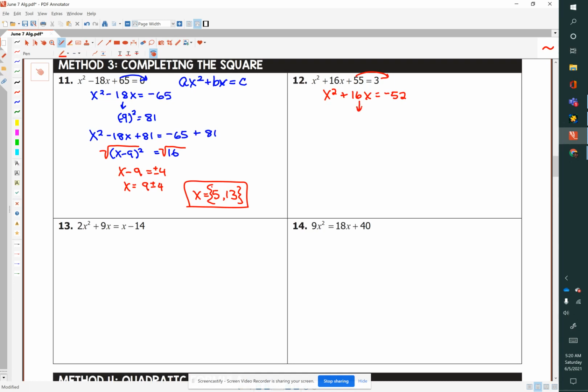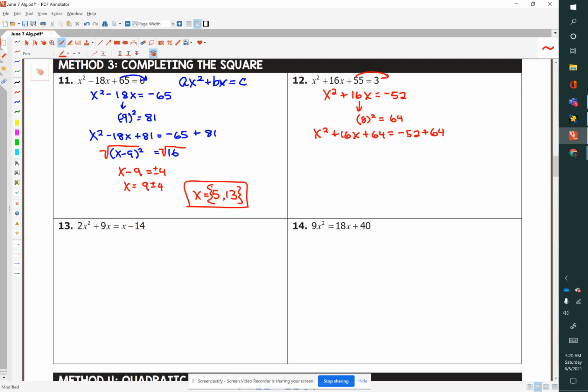So half of 16, which would be 8, and we're going to square that, which equals 64, and we're going to add that to each side. So x squared plus 16x plus 64 equals negative 52 plus 64.